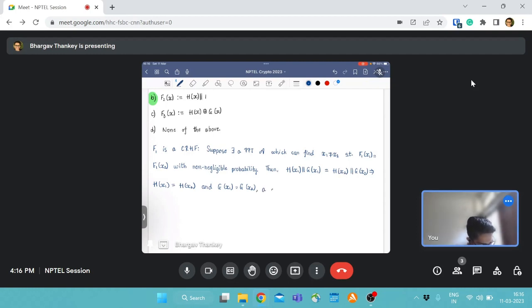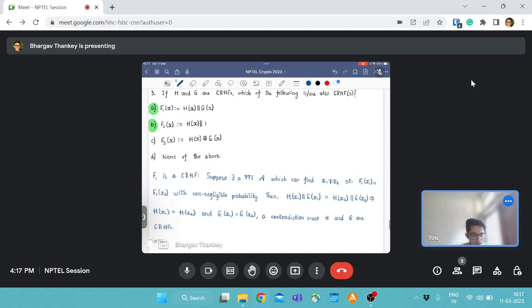Contradiction, since h and g are collision resistant hash functions. So there cannot exist such a PPTA, and therefore F1 is also a collision resistant hash function.